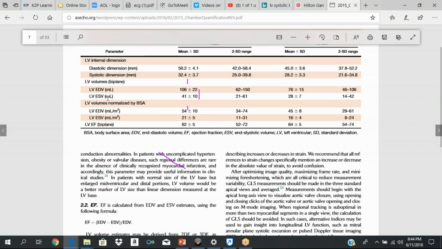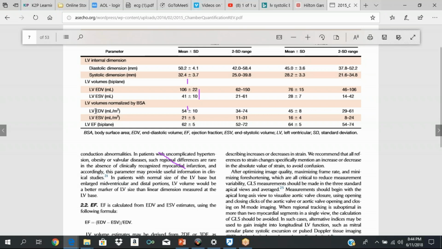There's a tendency to index these. That is, you're going to take the volume and divide it by the body surface area. Everybody has a body surface area. In order to get the body surface area of anybody, you need their height and their weight, and you have nomograms. These are tables that will convert the person's height and weight into an area.